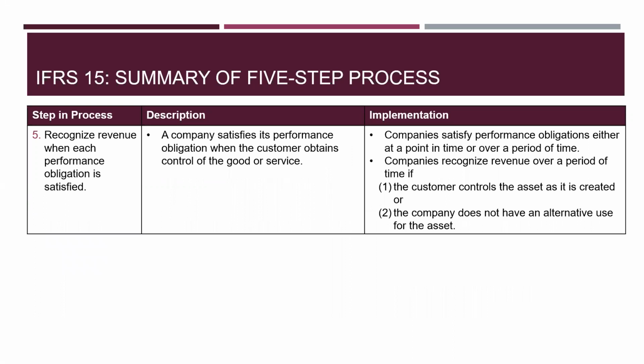The final step under IFRS 15 is to recognize revenue either at a point in time or over a period of time, depending on when that revenue was earned or the performance obligations were satisfied.